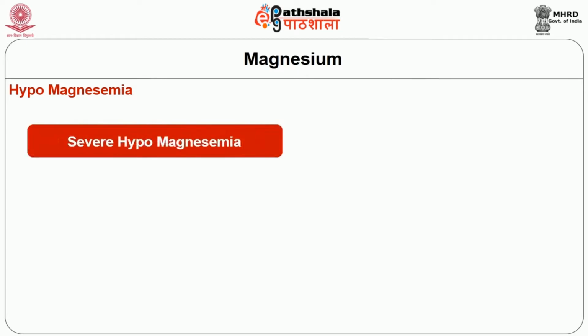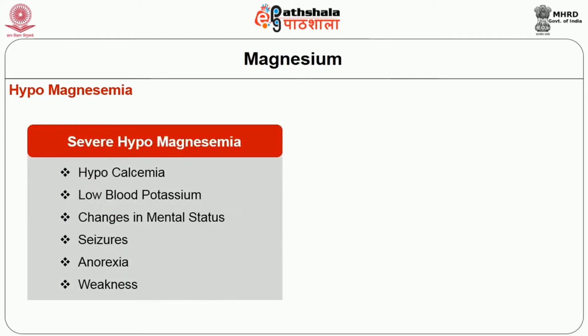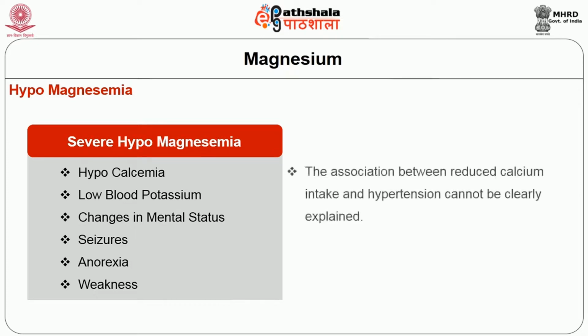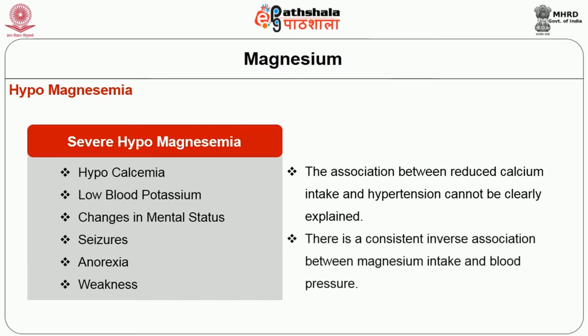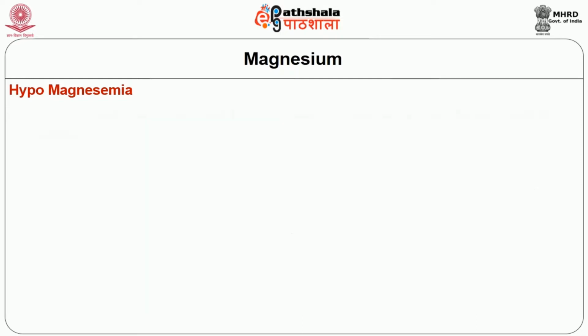Hypomagnesemia: severe hypomagnesemia was reported to cause hypocalcemia, low blood potassium, changes in mental status, seizures, anorexia and weakness. The association between reduced calcium intake and hypertension cannot be clearly explained. There is a consistent inverse association between magnesium intake and blood pressure.